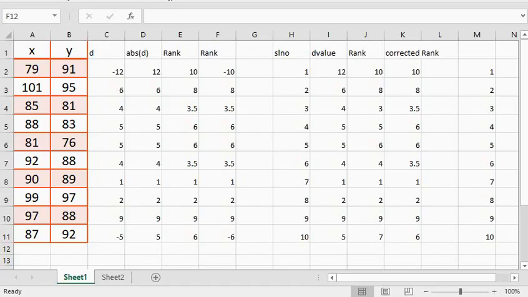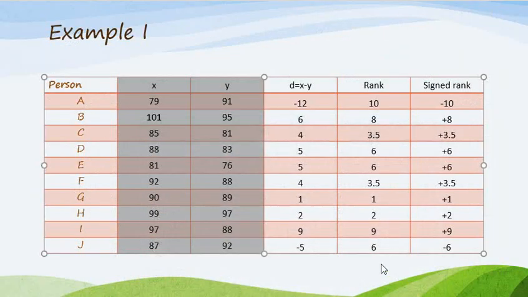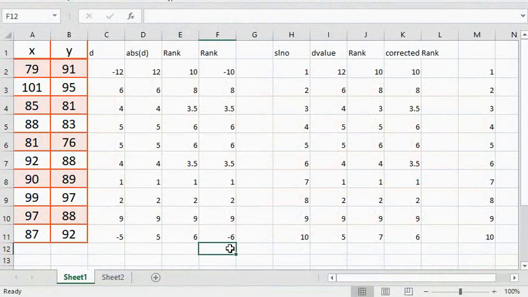The first one is -1, and we proceed with the sign. Now the negatives are -10 plus -6, so W minus is the absolute value of this, the sum of the negative ranks.